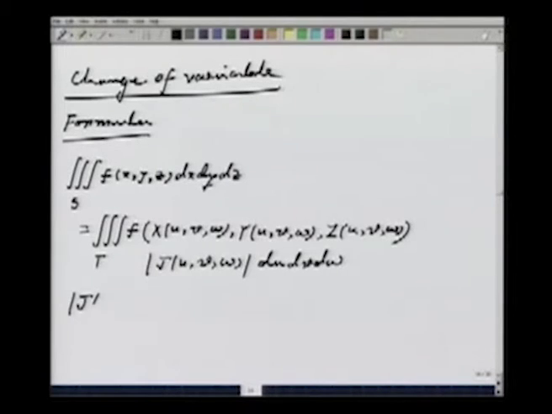Then what is mod J of u v w? That is again the modulus of a certain determinant, analogous to the two-dimensional case.